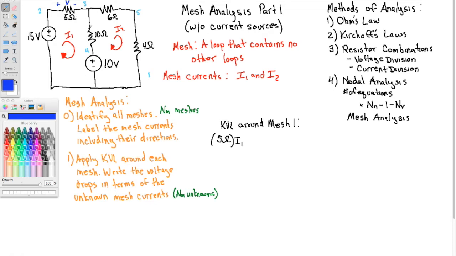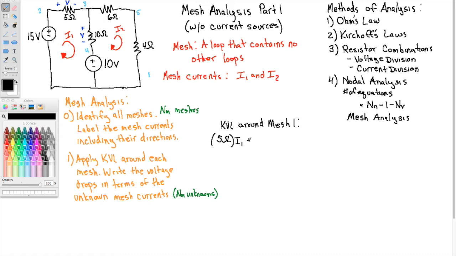Now I'm going to go this way. I'm going to go around the mesh. So now I'm coming down the shared branch, and I want to know what this voltage drop is across the 10 ohm resistor. And I'm going in the direction of I1, so I'm going from node 3 to node 4.